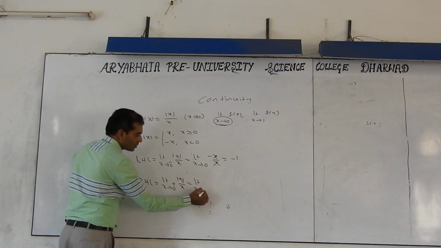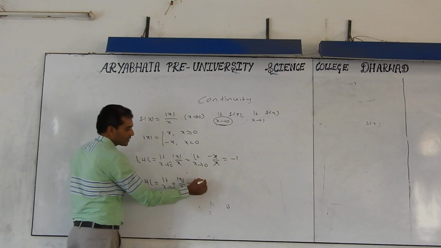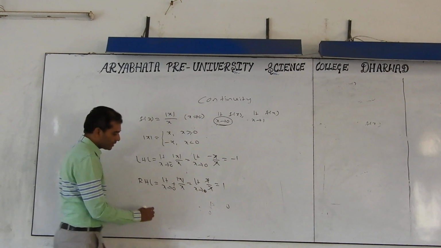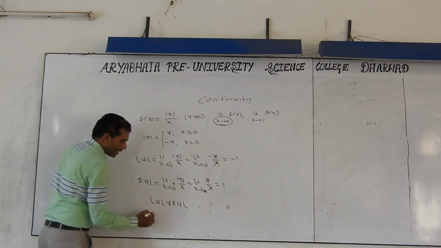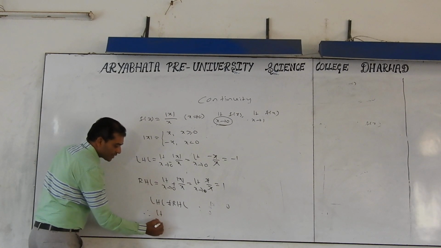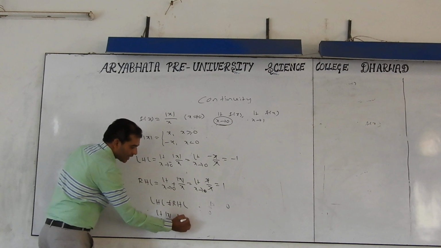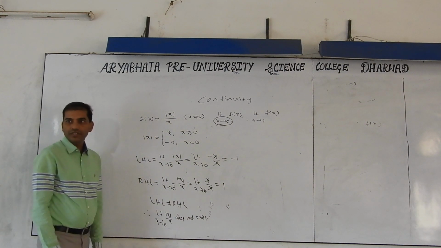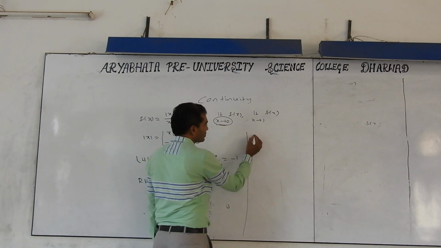Above 0, mod x is x. x by x gets cancelled, equal to 1. So the left limit is not equal to the right limit. Therefore, limit x tends to 0 mod x by x does not exist.